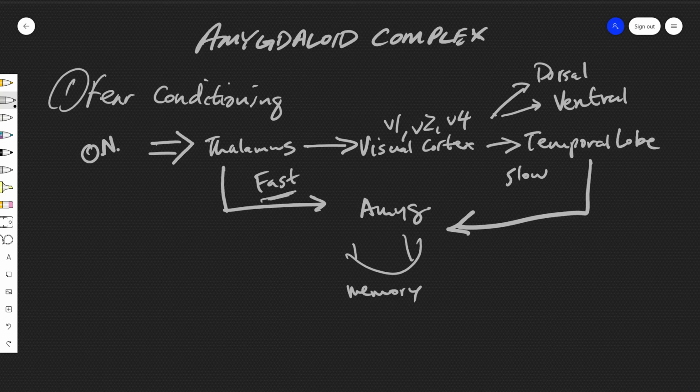And so these are two important pathways to understand within fear conditioning for how they affect the information before it gets to the amygdala.